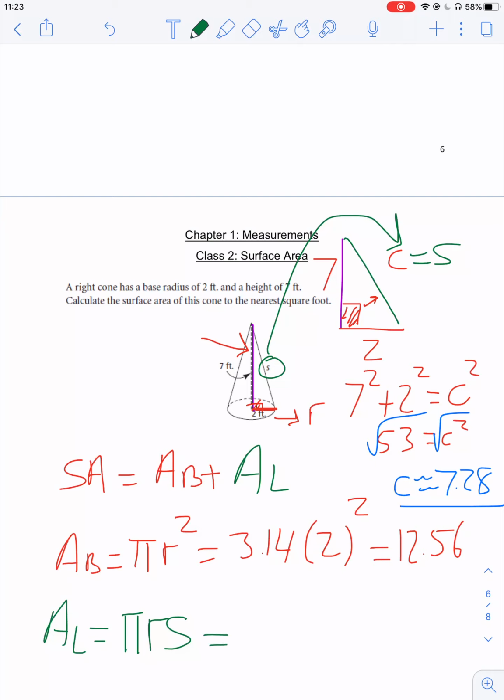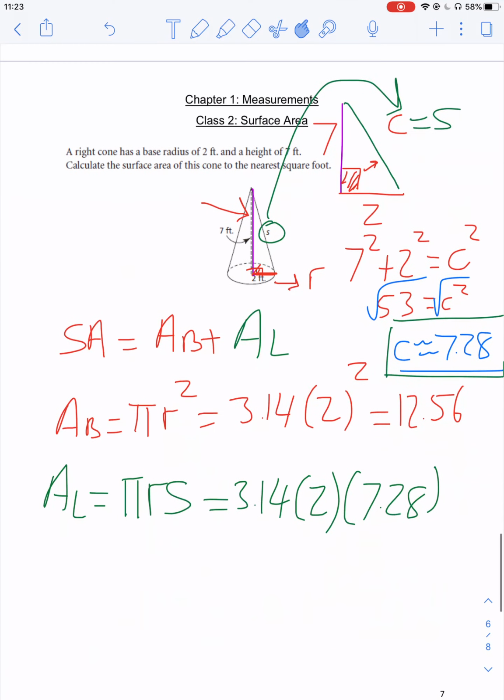So I have everything that I need. 3.14 is my pi value, times r, which is given to me, it's just 2, and the s value is right here. My s value is my c value, which is 7.28.